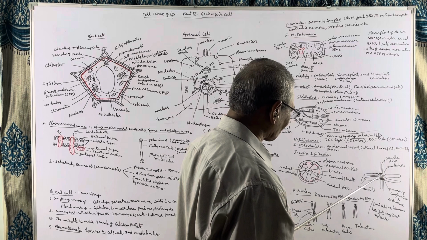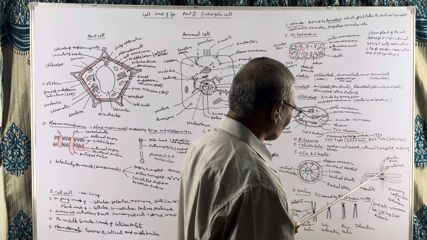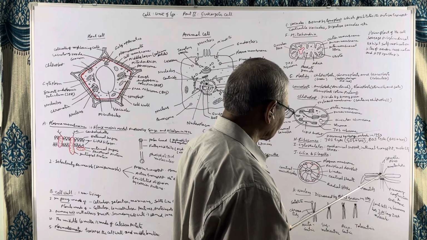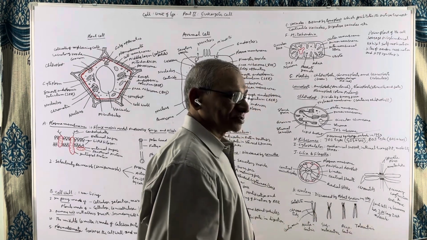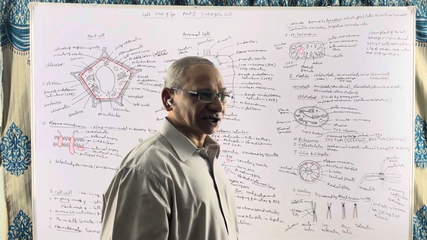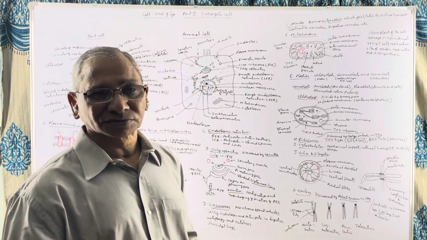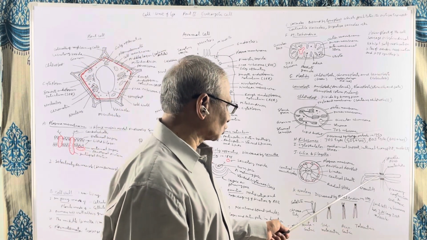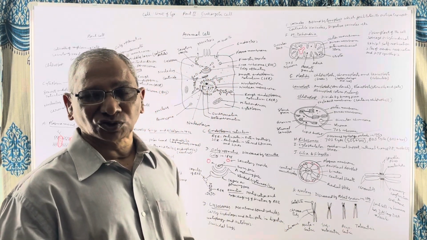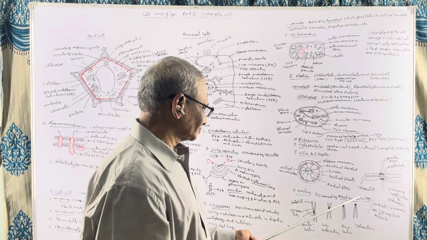On either side of the centromere, there are kinetochores, the black ones. During cell division, the spindle fibers are attached to the kinetochores. So the kinetochores provide surface of attachment to spindle fibers during cell division.